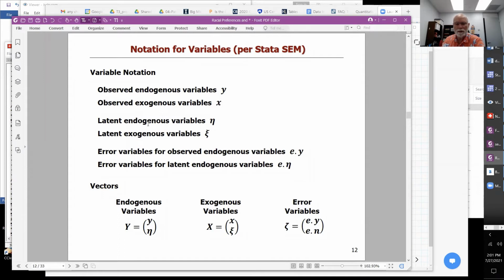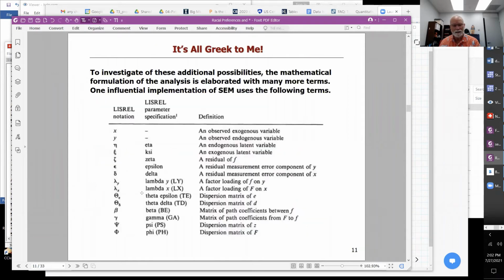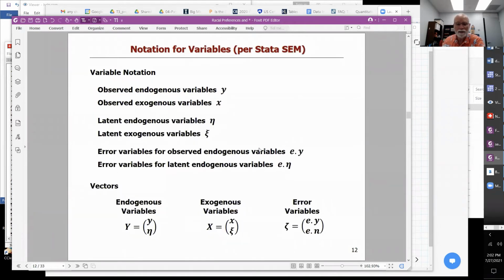If a variable is a latent endogenous variable, we give it a new symbol, the Greek letter eta. And if it's a latent predictor variable, we give it its own special label. And I always have to stop and think about what is that little critter? That is psi, KSI, okay. My memory on these fails from time to time.